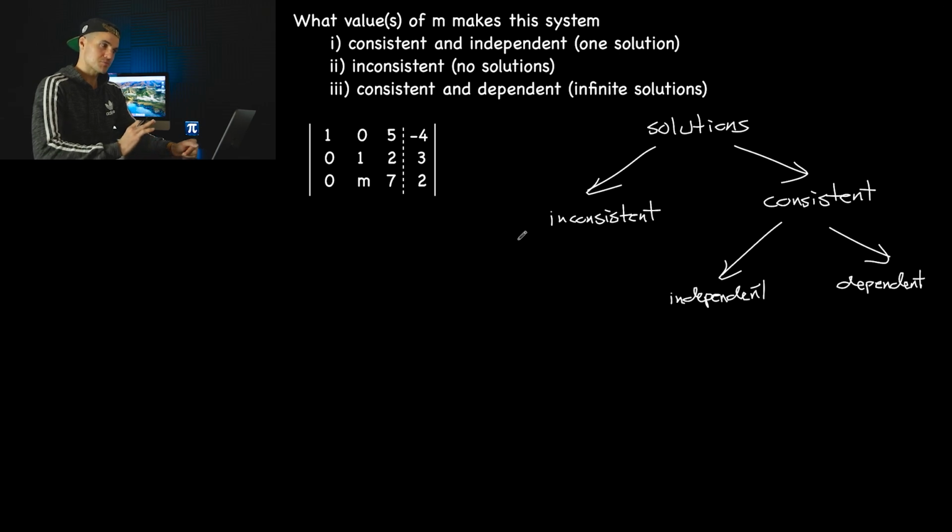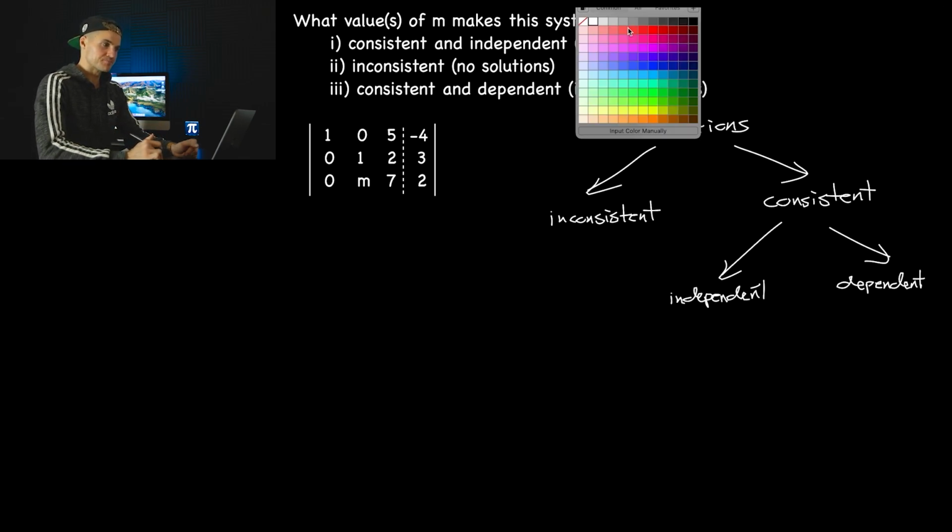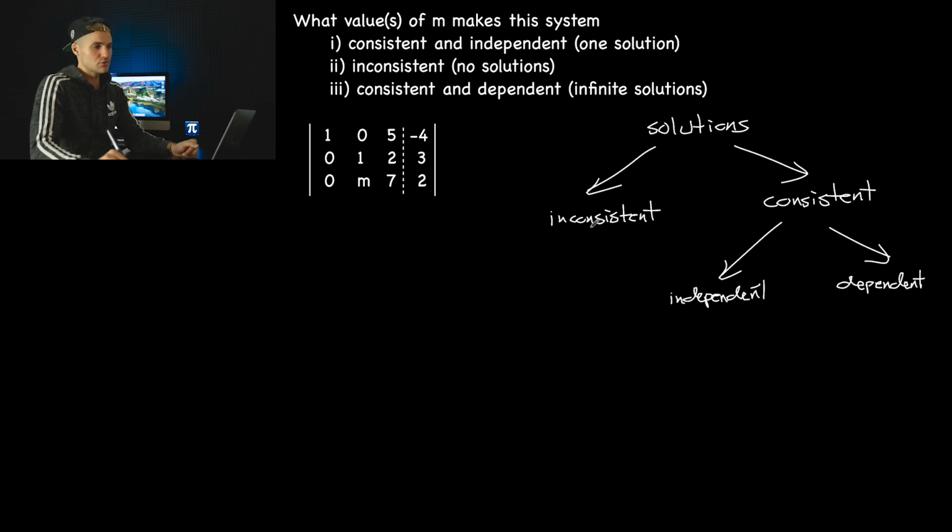Now, in terms of how the matrix is going to behave in each of these, if a solution is inconsistent, meaning there's going to be no solutions, what's going to end up happening is you're going to have a row where on the left side it's going to be all zeros, and then on the right side there's still going to be some kind of constant other than 0.